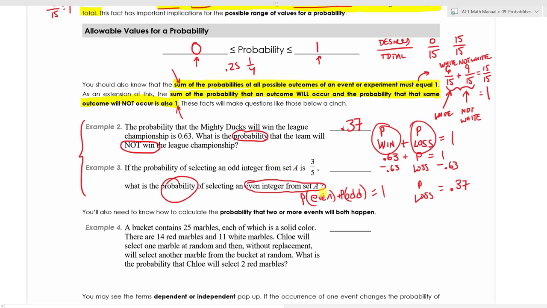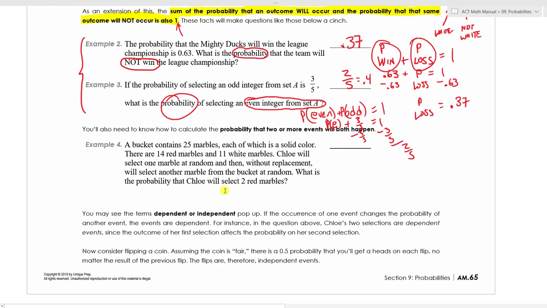We know that the probability of an odd is 3/5, so that's probability even plus 3/5 must equal 1. We subtract the 3/5 from both sides, and what we get is 2/5. And again, that can be done in the calculator if we need to. That is also 0.4.